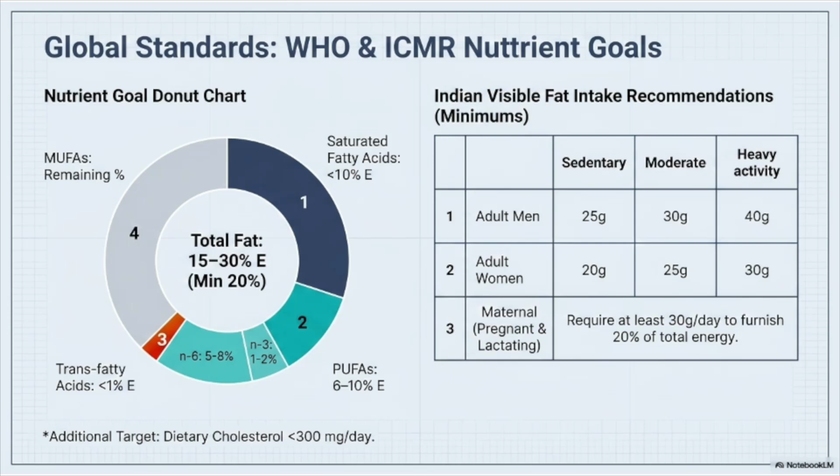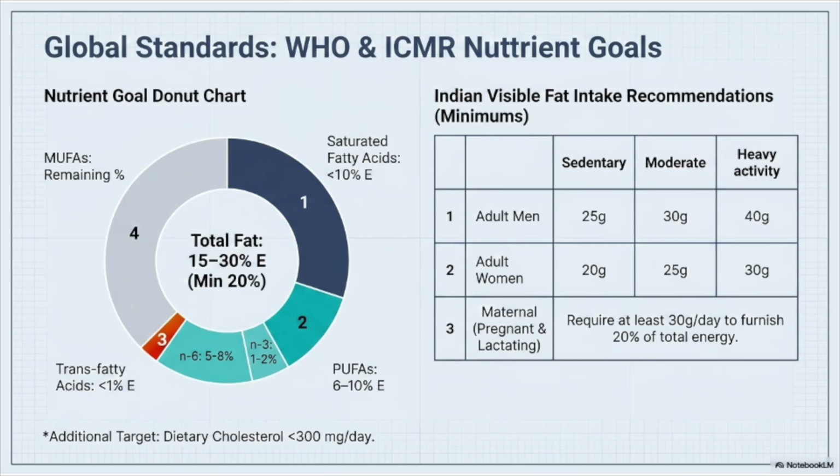Polyunsaturated fatty acids should be 6 to 10%, split between omega 6 at 5 to 8% and omega 3 at 1 to 2%. Trans fatty acids should be less than 1% of energy, and the remaining share comes from monounsaturated fatty acids. An additional target is dietary cholesterol below 300 milligrams per day.